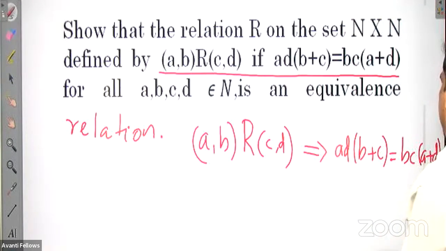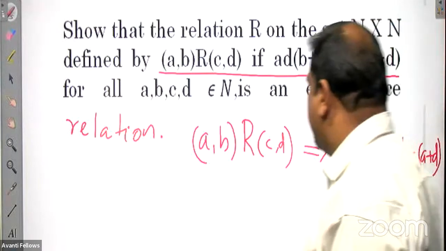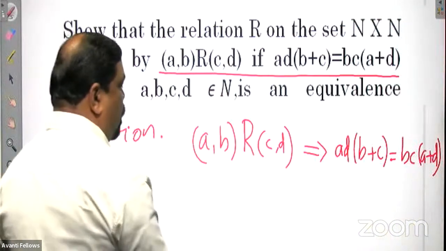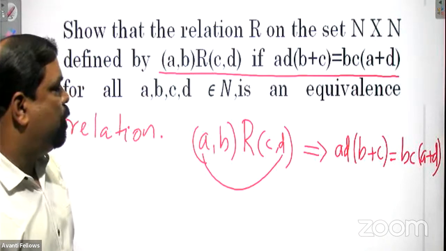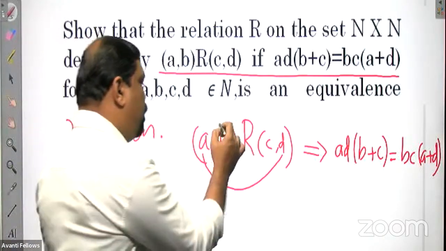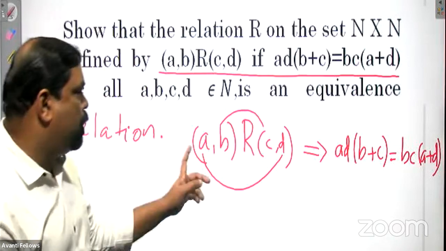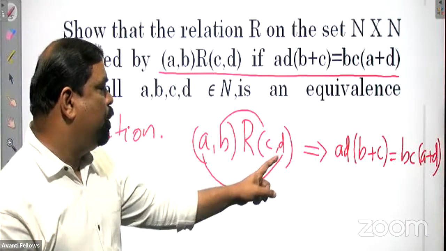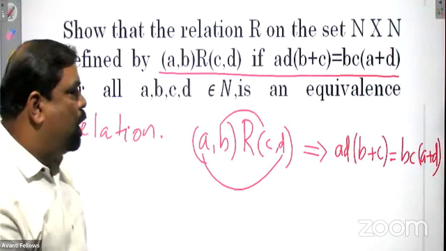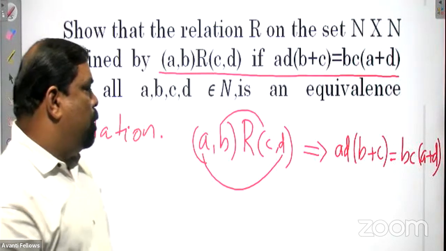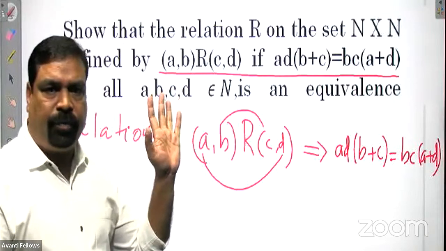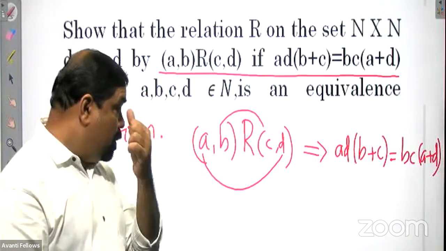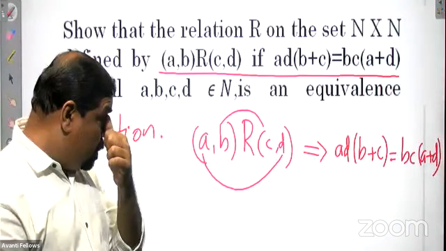This is the condition: the product of A and D into the sum of B and C, equal to the product of B and C into the sum of A and D. So this is the relation.